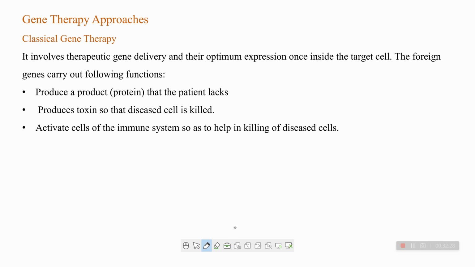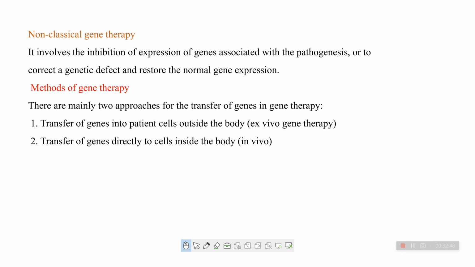So in classical gene therapy, the foreign gene will cure the patient by killing the disease cell, or by activating the immune system, or by producing a product that they lack. Okay. Another is non-classical gene therapy. In non-classical gene therapy, there is an inhibition or expression of the gene associated with the pathogenesis, or correction of a genetic defect and restoration of the normal gene.